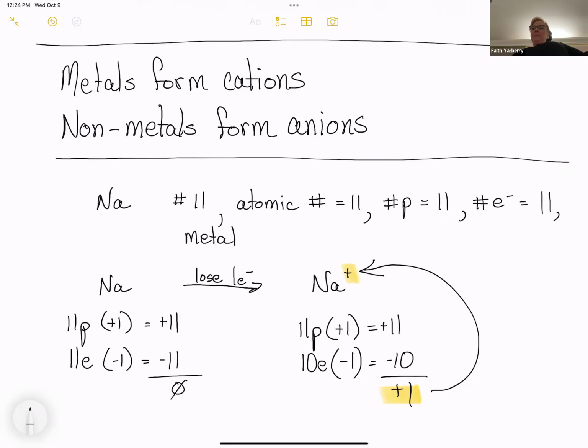If it is a group 1 metal, it will always have a plus 1 charge. If it is an alkali metal, it will always have a plus 1 charge. Look at your group 2 alkaline earth metals. What do you notice? Plus 2. Alkaline earth metals, no matter what they combine with, are going to have a plus 2 charge.